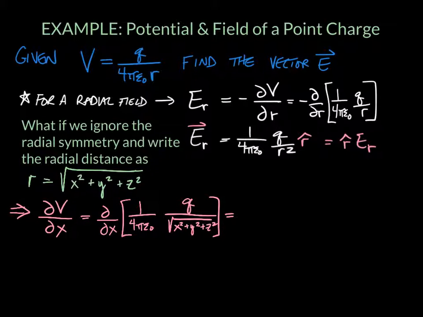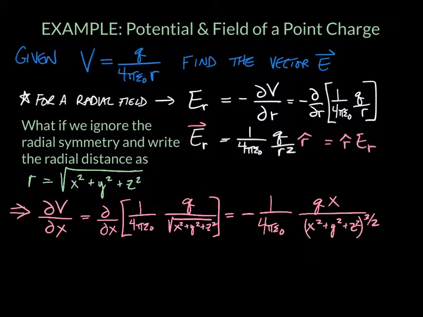Well, the partial, don't forget our negative. And so when we do the partial with respect to x, y and z don't change. And so q is a constant, so we'll get an x out of that, but then we'll get all of that in the bottom to the 3/2. Little derivative fun for everybody there.